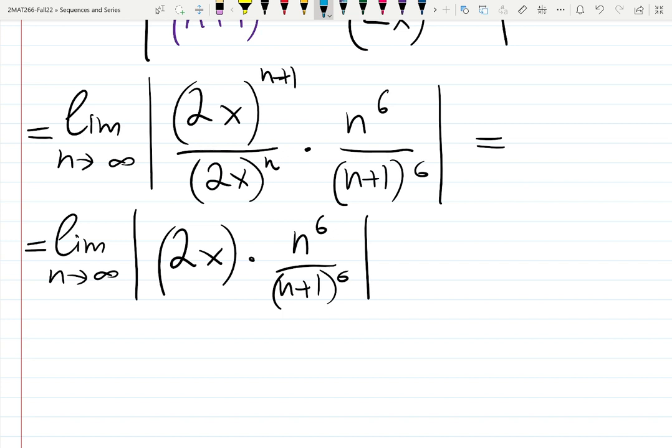I see two variables: x is a variable and n is a variable. For this specific limit, one of them is not a variable. That's interesting. We do know that x is changing and n is changing. n goes to infinity, x can be anything you want. But for the limit, this piece is a constant, so I can kick it out of the limit. Did you have a question?